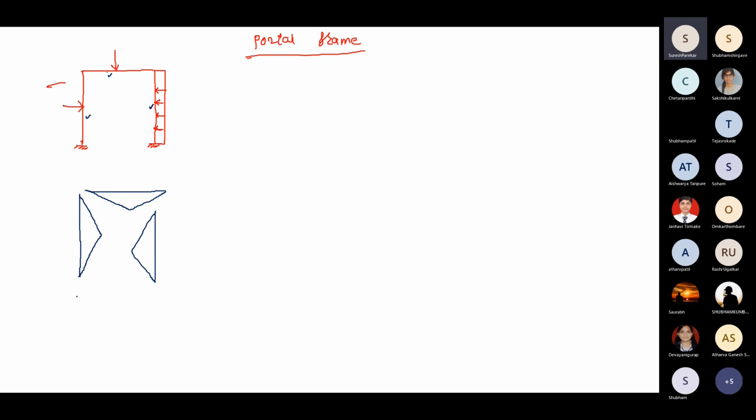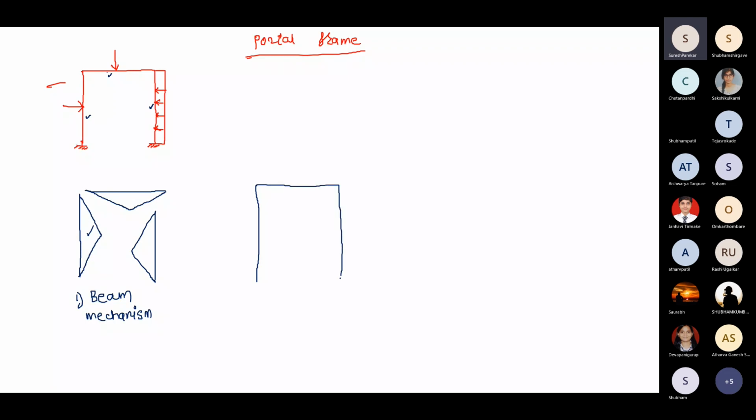So first we have beam mechanism. Beam mechanism does not mean it must be a beam itself. So it is the load on beam or column which will develop your mechanism. Second, as this is a sway portal frame, we have sway mechanism.